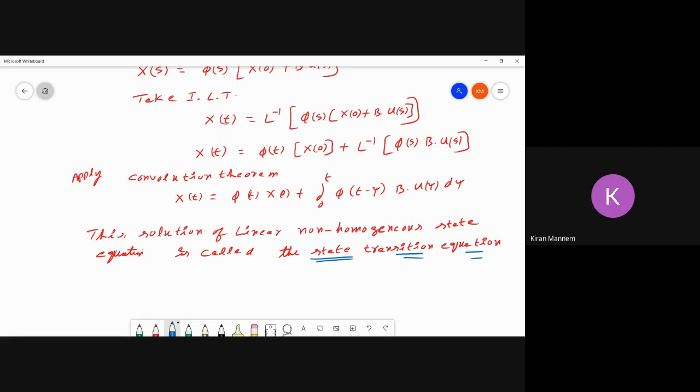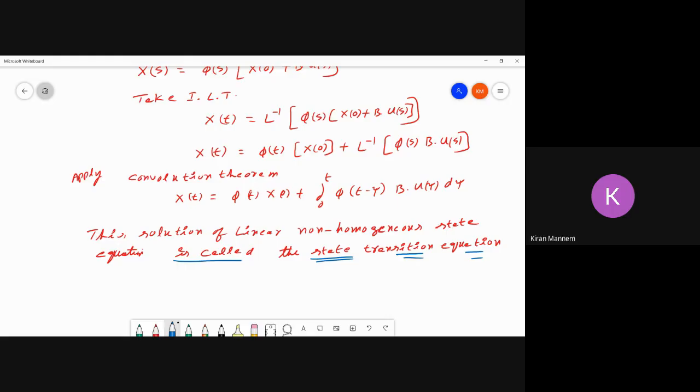So this is how we have the state transition equation and state transition matrix. This is the theory part behind this last topic. Here we found the solution for the homogeneous equation and non-homogeneous equation, and we got a few terms.